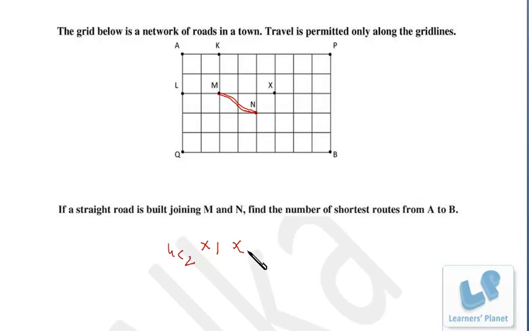So 4 horizontal, 2 vertical, so 6C2. So these are the total number of possible ways from A to B, and we have to find the number of shortest routes. Okay, so we'll take this direct M to N route into consideration, because that will be shorter than going around.